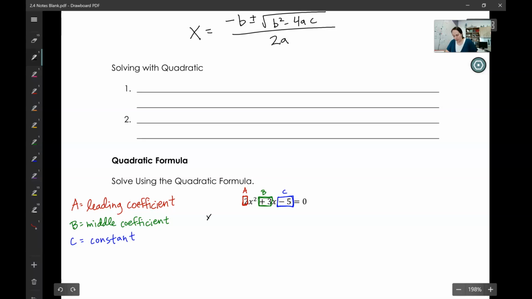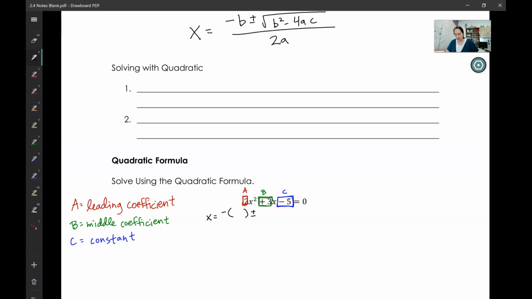Now I can apply my quadratic formula. So I have x equals negative, and basically what I'm going to do is anytime I have a letter in my quadratic formula, I'm going to put parentheses and replace it with the number for that problem.